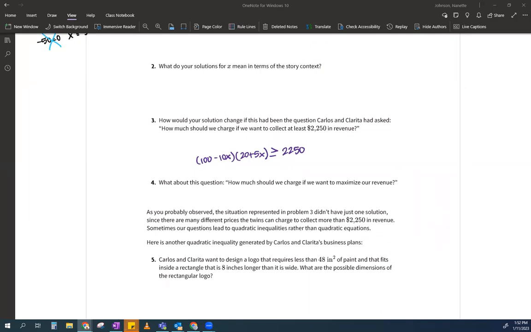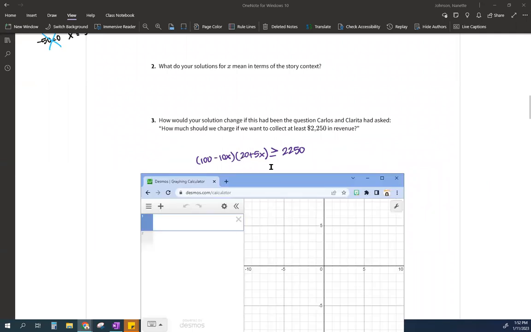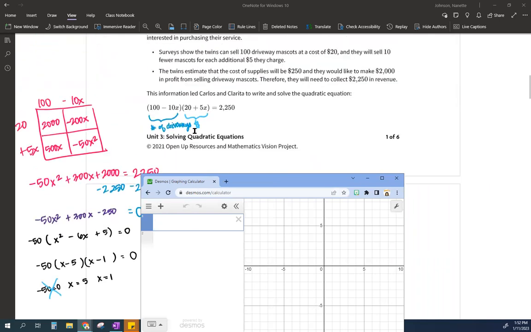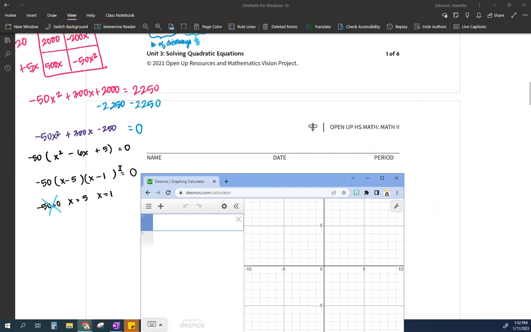So I'm going to turn over to my friend, right? But I'm actually going to graph this equation here because I have to have it solved for 0 so that I can actually do it. So I'm going to plug this equation into here and see what I get.